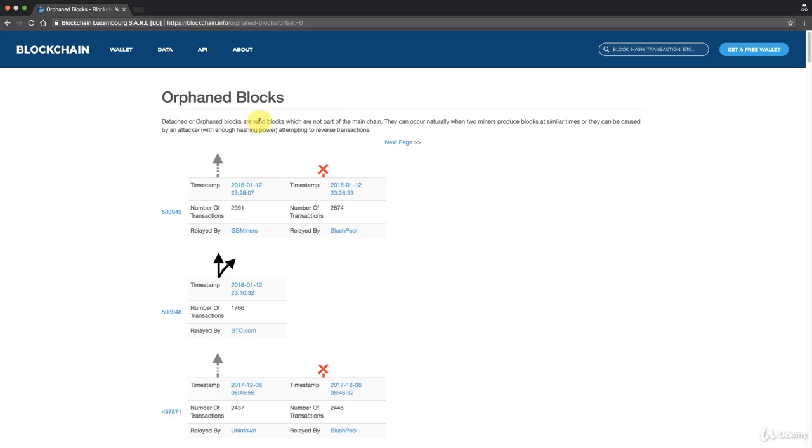So whoever builds the next block first will take over the chain, unless they build the next block at the same time again. And then it'll be whoever builds the next block. So basically, whichever chain out of the two competing chains has the highest hash rate will win eventually.